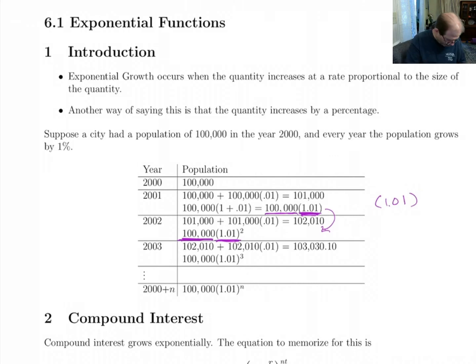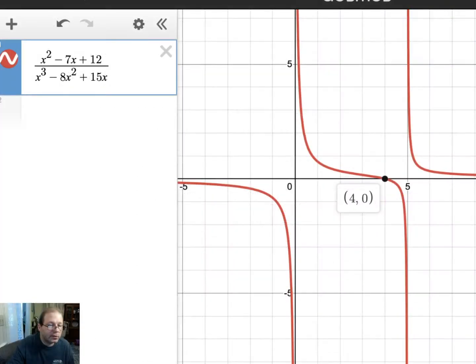If you take just 1.01 and start raising it to powers, if I square it, notice that's what we got for the population, that times 100,000. If you take 1.01 and cube it, it gives you this.